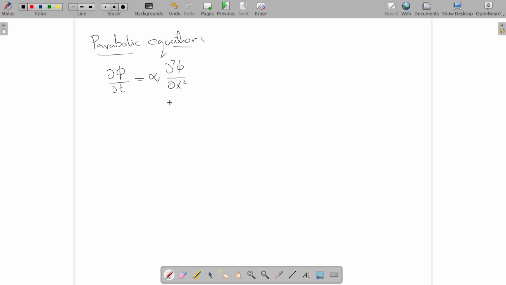An example of this would be transient heat conduction. So what is the difference between steady state heat transfer and transient heat transfer? In transient heat transfer, you also have the time variable.